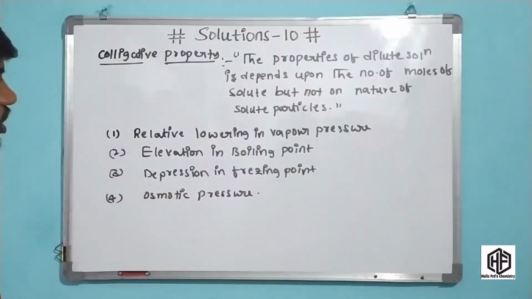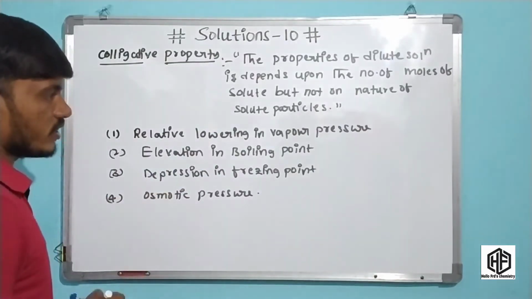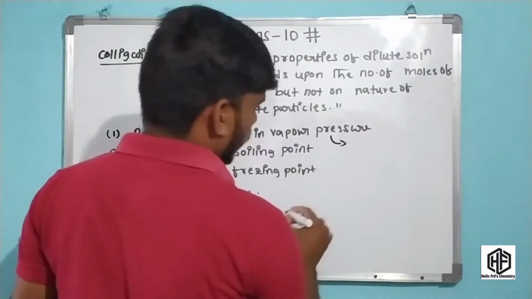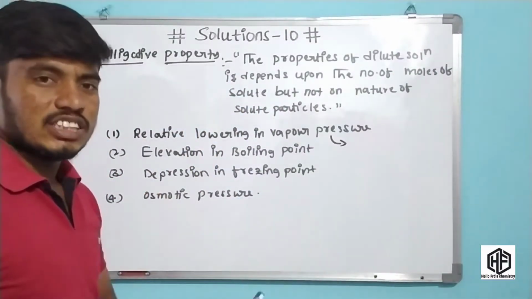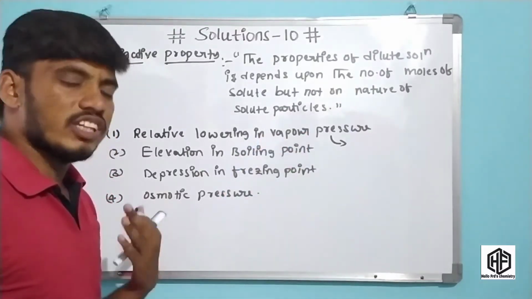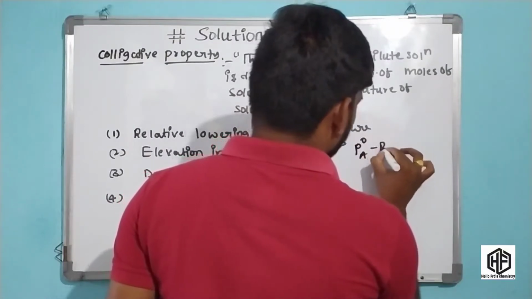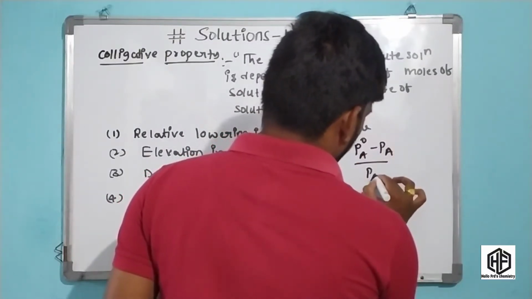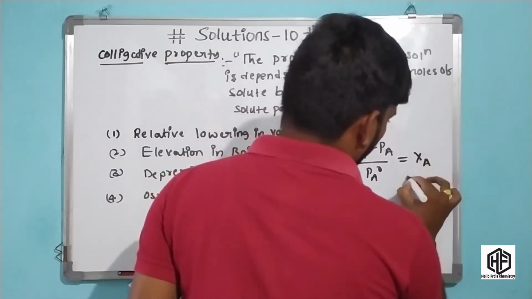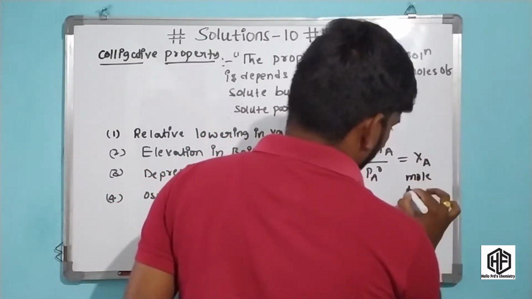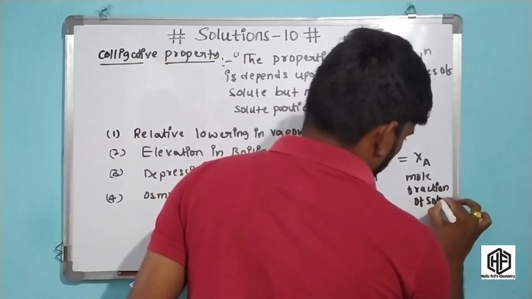In my previous video I discussed the colligative property called relative lowering in vapor pressure. The relative lowering of vapor pressure depends upon the mole fraction of solute. The formula is (P naught A minus PA) by P naught A is equal to the mole fraction of solute.